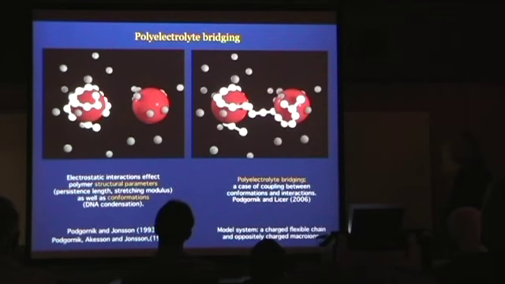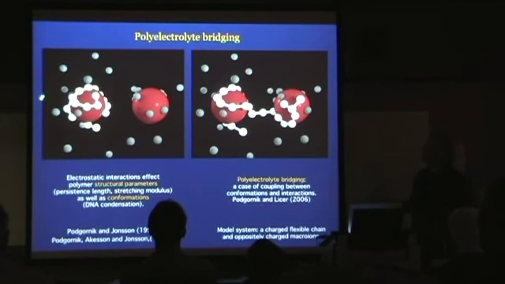So once again, this is the situation, polyelectrolyte bridging. You have a single chain that bridges the space between two macroions, partially adsorbed onto both of them, and the part of the chain that bridges the space between them actually pushes them together, or pulls them together.